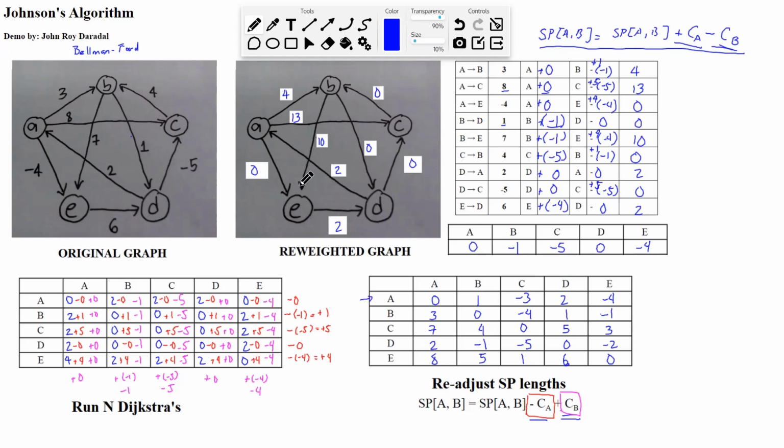So let me do it for A. A to A is of course just here, so A to A is length 0. A to B is 1. How will we pass through A to B that only has cost of 1? We could actually go around. Instead of going directly from A to B, which is 3, using this edge, we'll go around.